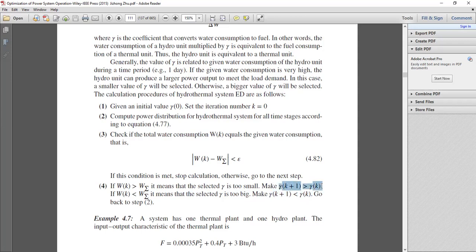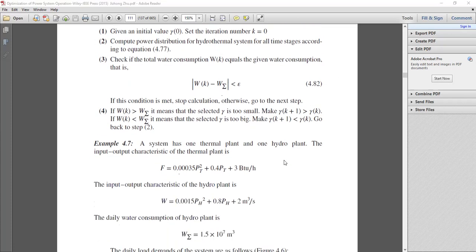Actually here they haven't given any indication of how to update it in their example. So what I would share with you is the specific way of updating this gamma, and we will call it the gamma iteration algorithm. Okay, the gamma iteration algorithm, and we'll be applying that algorithm here in this example 4.7 for the solution of this problem. So let's start with the problem statement.